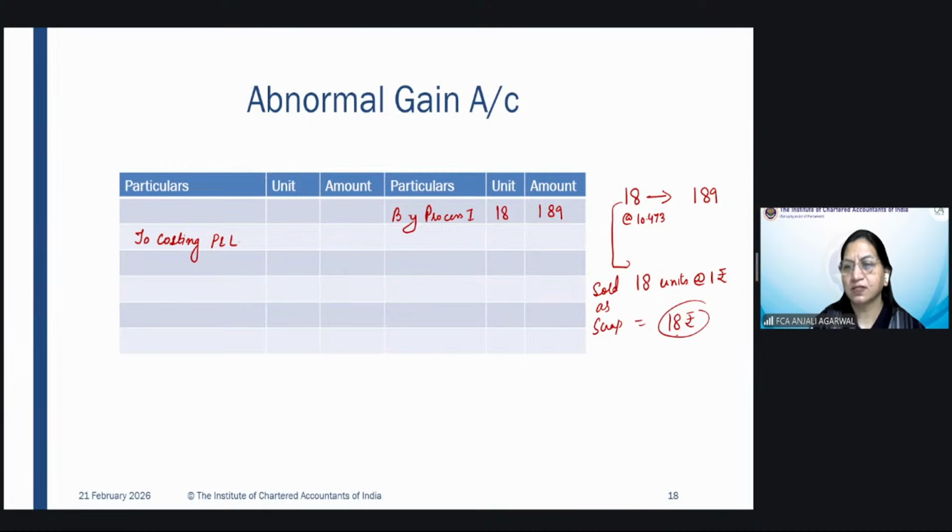So this is my loss. This is something, an opportunity cost. Even if I'm getting 189, 18 is something which otherwise also I would have received, which I'm not going to receive now. So indirectly my true profit is only 189 minus 18. So 171 is my true profit.